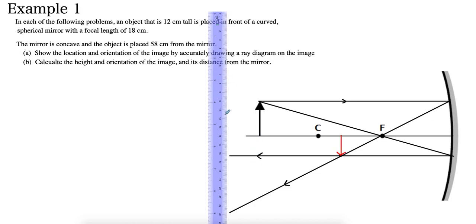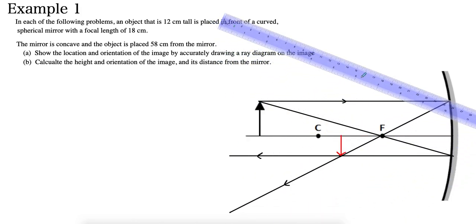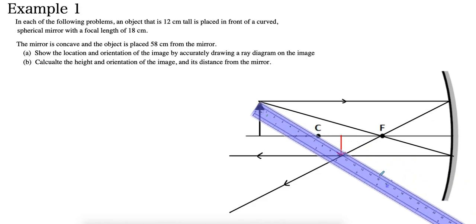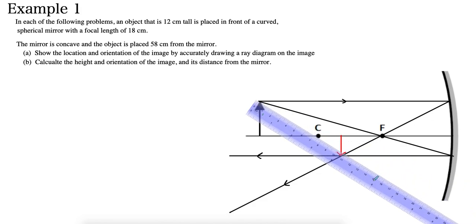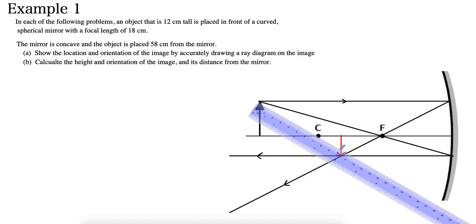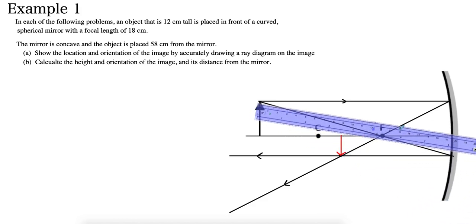Again, there are a couple other rays that you can draw in. For example, you could go through C, and as long as you line up everything correctly, which is a challenge to do, it should go right through the same point. As you can see, if you're not neat, it doesn't. The other one you can do is the reflection through the center.